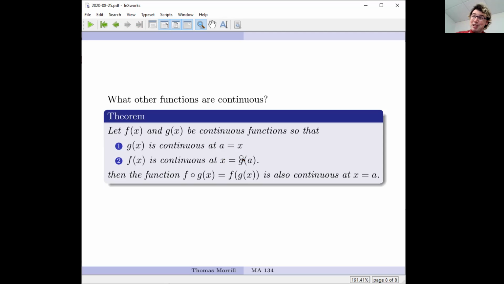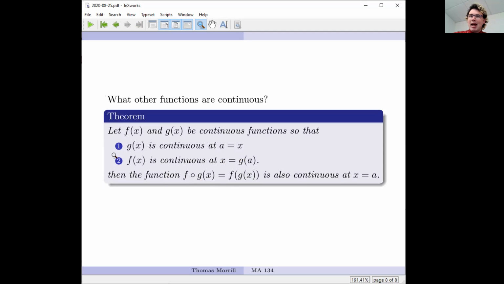So I need to be a little bit careful with this one. I'm composing the 2 functions, right? f of g of x. So whatever my output from the function g is going to be the input for my function f.